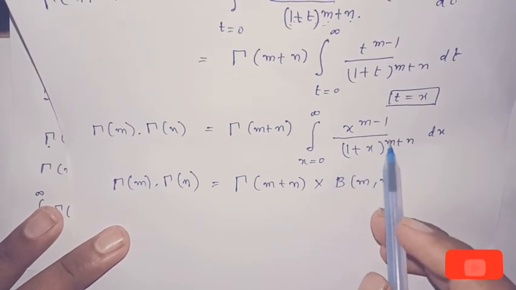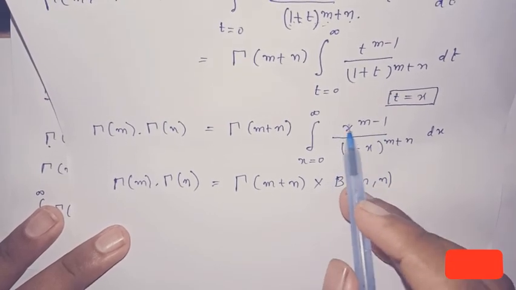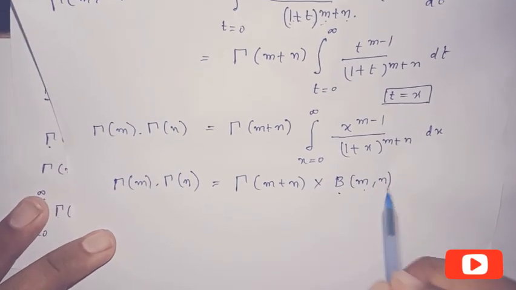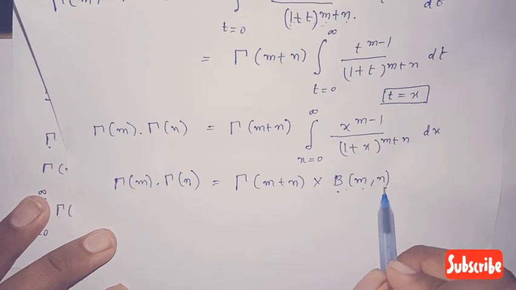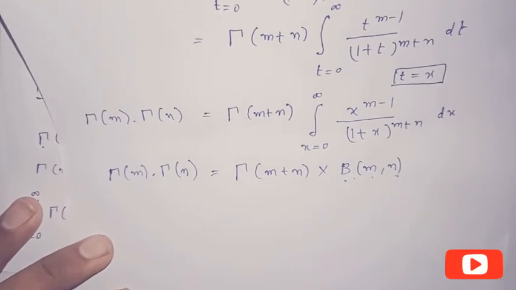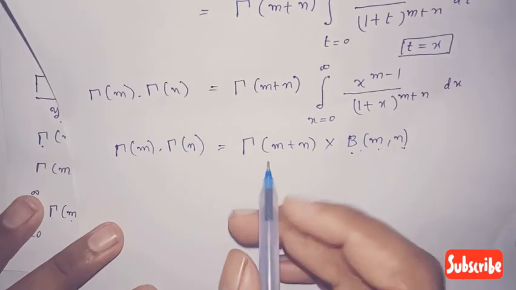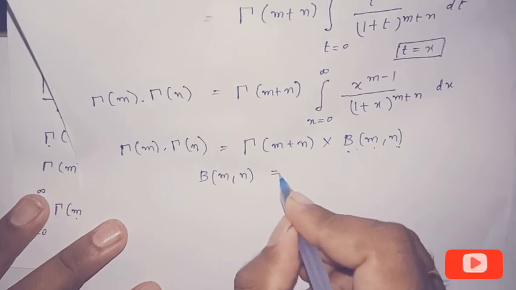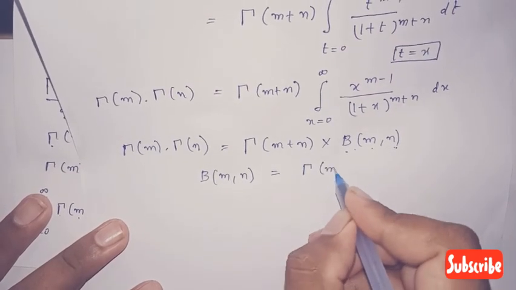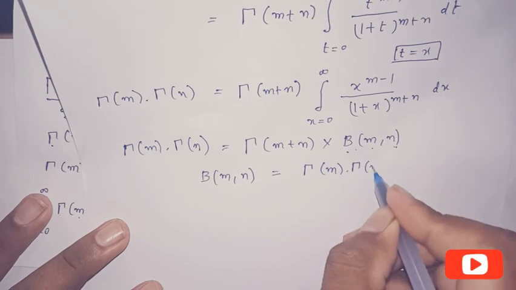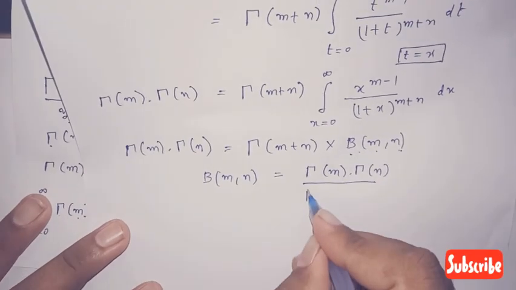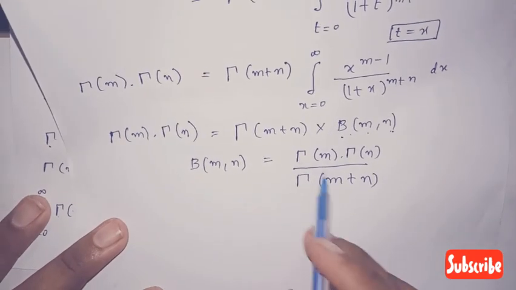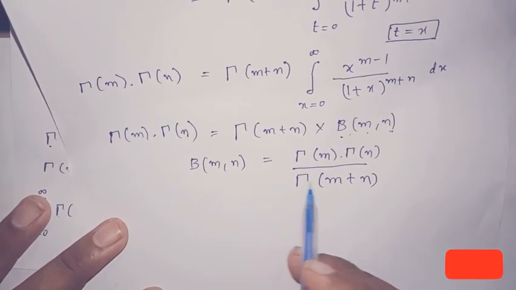It is one of the forms of the beta function, therefore it can also be written as B of m, n. It is also a formula for B of m, n. Therefore B of m comma n is equal to gamma of m into gamma of n by gamma of m plus n. This is the relation between the beta function and the gamma function.